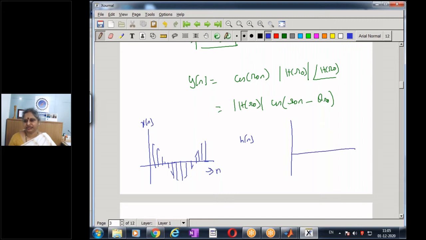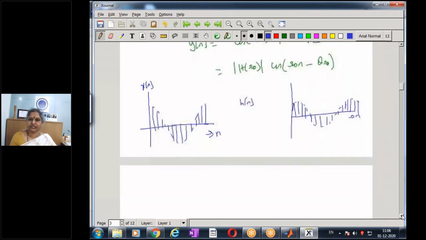But what is likely to happen is there will be some phase delay, and there will not be any change in the frequency.